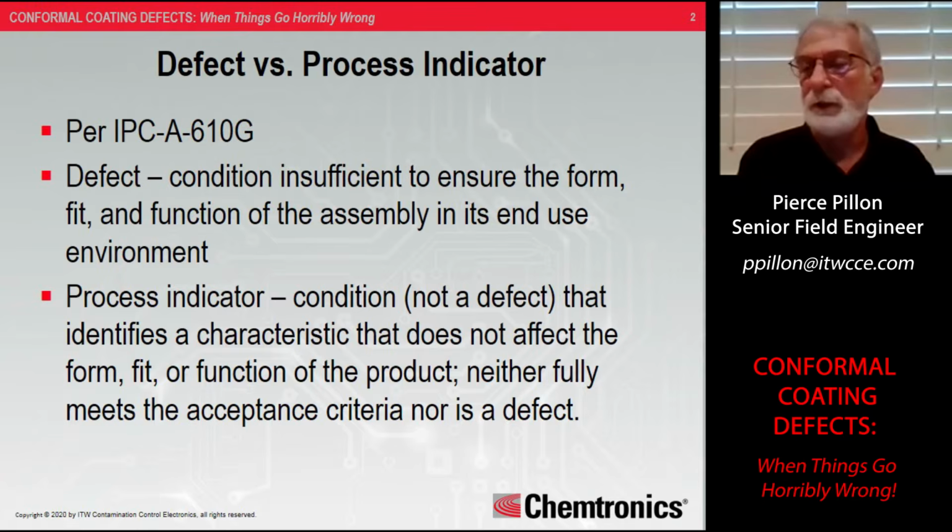Sure it is. But is it affecting the form, fit, and function of that product? If it doesn't, then it's just a process indicator. Is there something wrong? Yes, your process is out of control in some manner, and you should address it and resolve it. But based on this criteria, it should not be considered a defect. That's the difference between a defect and a process indicator.